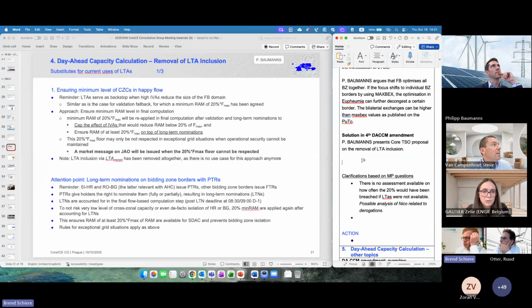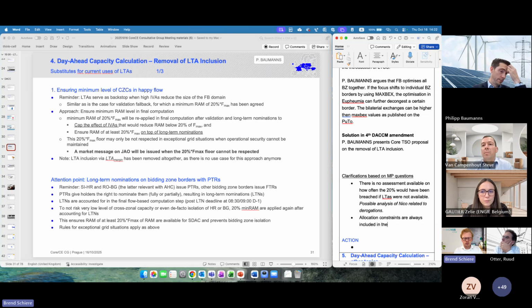So any type of use of allocation constraint is strictly regulated in the methodology. Yes, but physics doesn't care about methodology. Physics cares about physics. On this example, we had it in the past in Belgium as well. We had for years allocation constraints. And then we made investments in the grid in order to maintain and manage the voltage stability. And so that's where we were able to not put an allocation constraint in anymore.